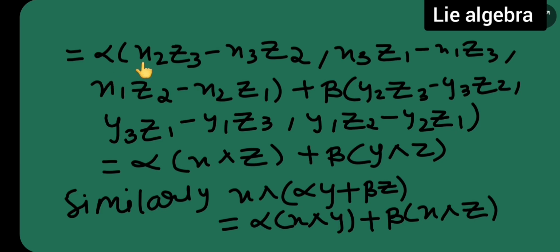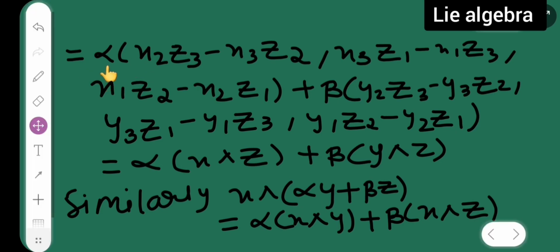So you'll have to take this alpha outside, then wherever there is a bracket, put a bracket.